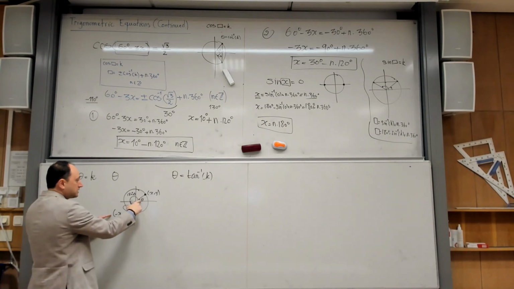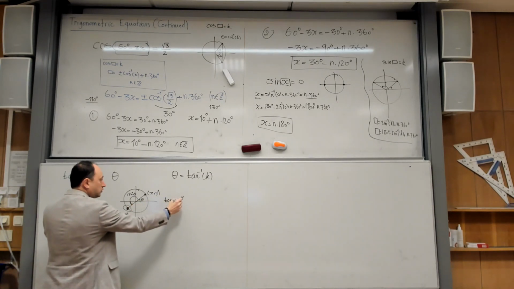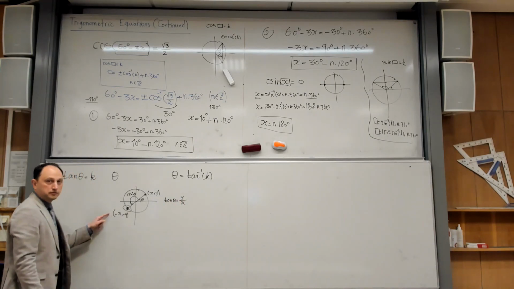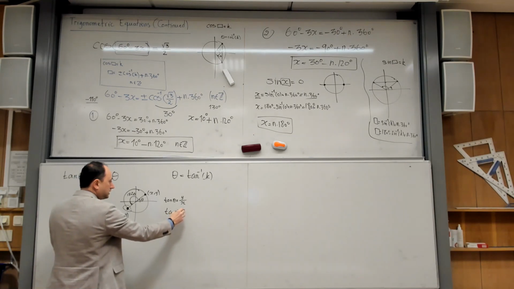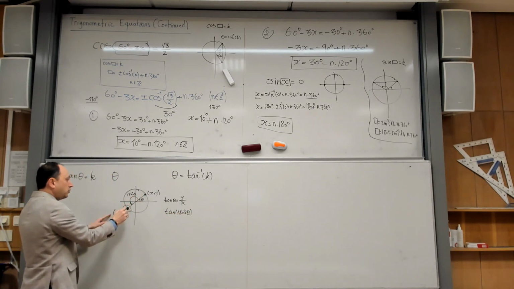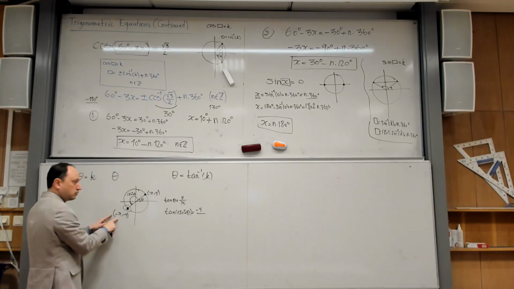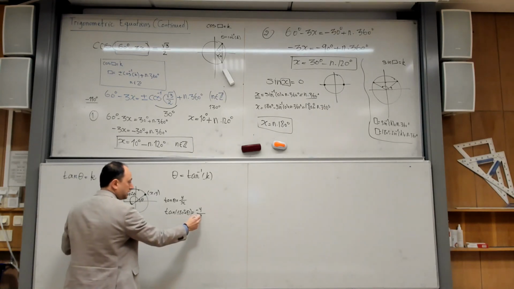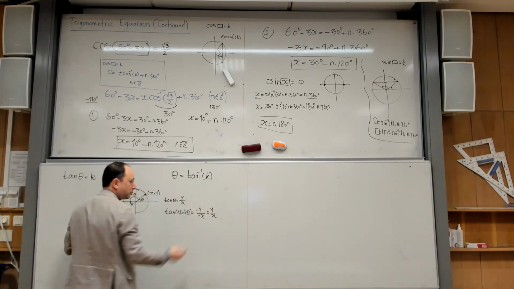Okay, now if I ask you what is tangent theta, you would say tangent is y coordinate divided by the x coordinate. And if I ask you what is tangent of 180 degrees plus theta, you will go to the end point of this angle, and then you divide the y coordinate of that point by its own x coordinate, which is minus x. But you see that these two minus signs cancel, then I will get the same thing back.